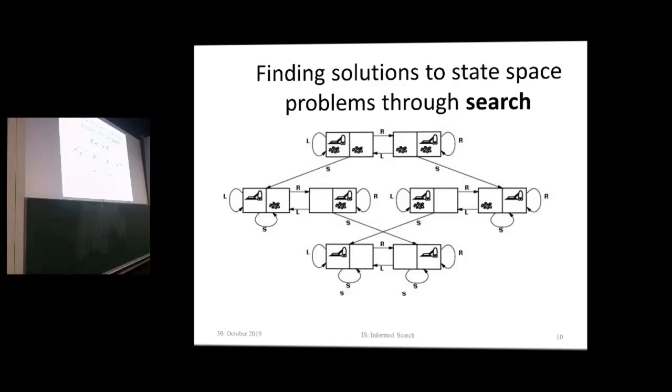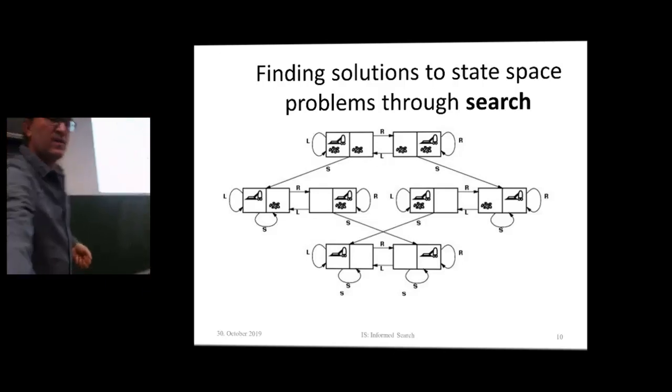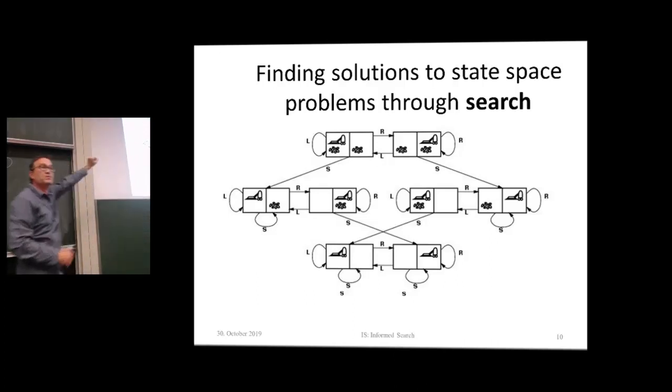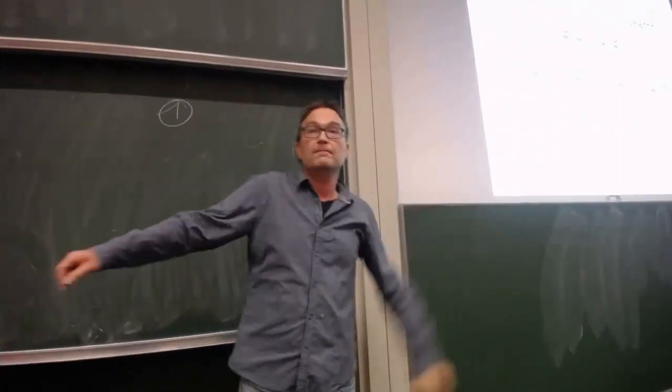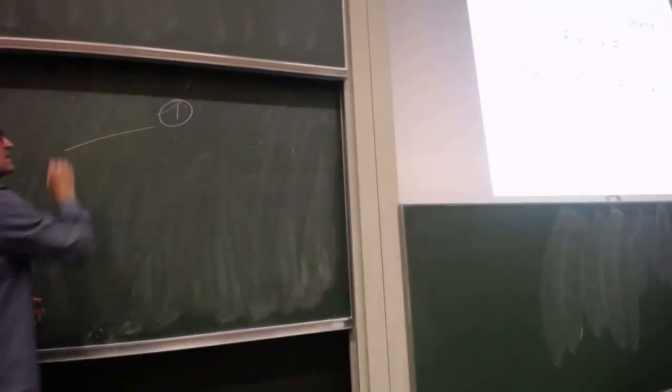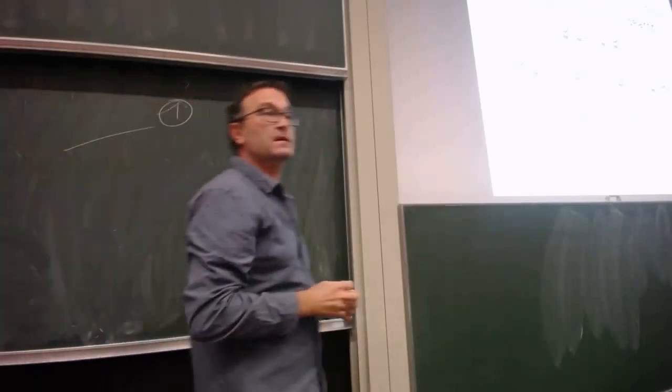Now, what are the options that I have? We just build up a tree from the state space by enumerating all the possible options you have from this state. Let's call these states 1, 2, 3, 4, 5, 6, 7, 8, just for simplicity. What are the options to go from state number 1, the top left one, to somewhere? It's very similar to what we just did.